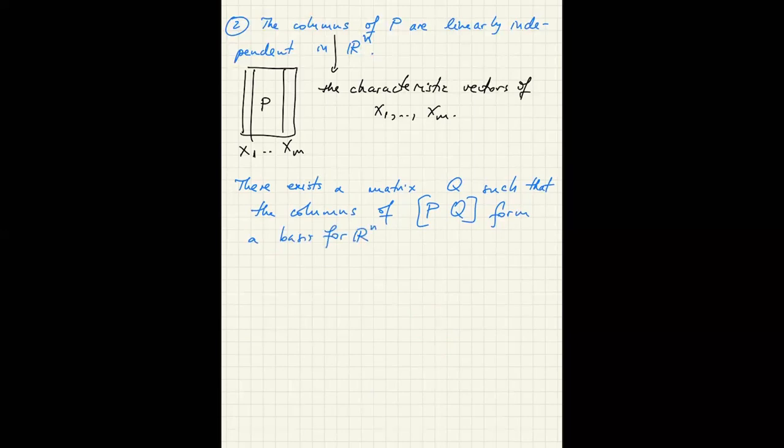So if you look at the matrix PQ, you have m columns from P, and so you need to add n minus m columns, and here you have n rows. Essentially, because the columns of this matrix form a basis for R^n, this matrix is invertible.